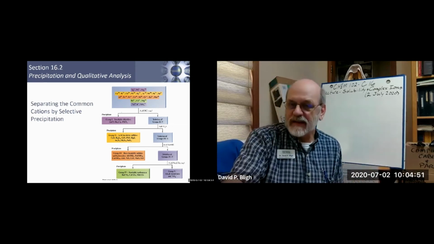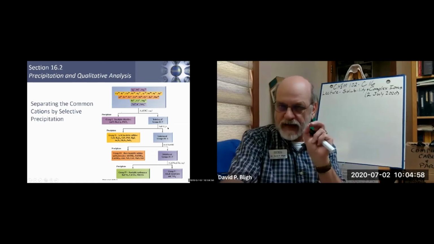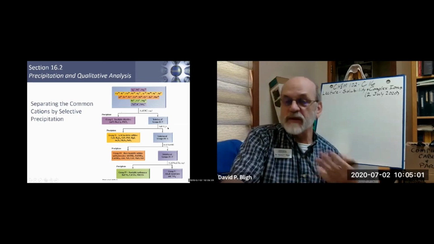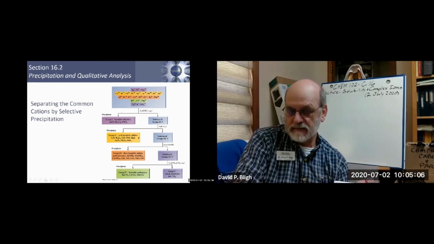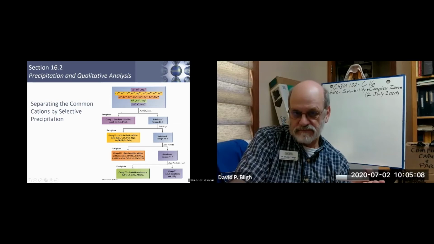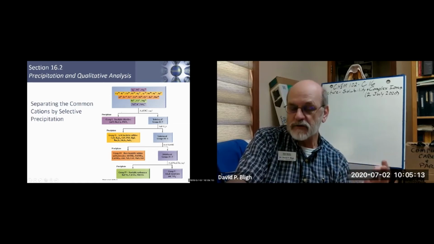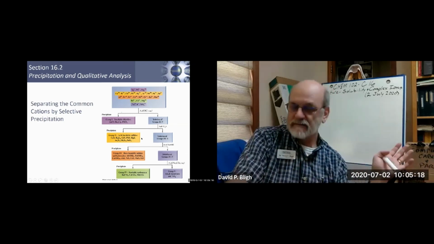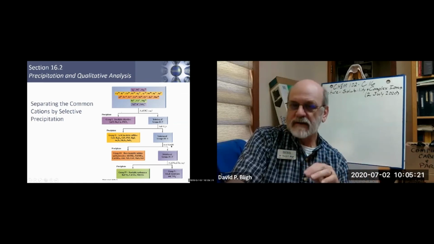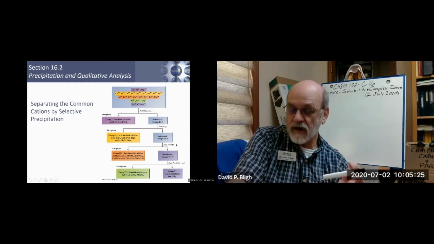So under acidic conditions, we've already studied, if you add hydrogen sulfide, you get a very small amount of sulfide in solution. And now we're going to precipitate those that have very small K values for the sulfides. Right? And these are all of those from that mix that have very small K values for the sulfide. Then if we filter that, take the filtrate, and now alkalize it, add sodium hydroxide.